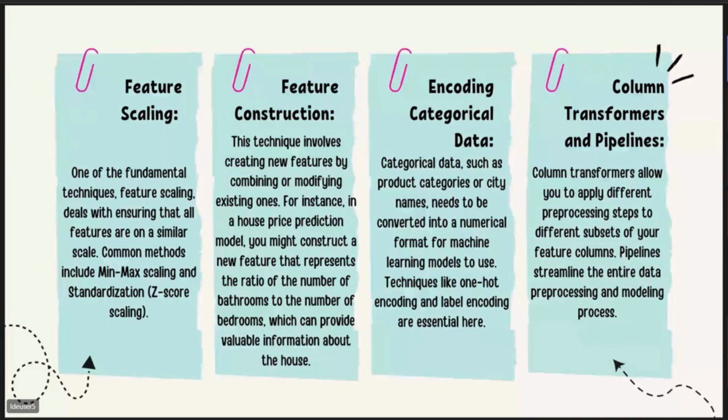Okay, and most of the models they will not be able to work with text or categorical data, so you need to give it a numerical value. So in that case, encoding is one task that you'll be doing. So again, here you can make use of one hot encoding or label encoding. Okay, so in the previous examples that I showed yesterday and day before, label encoding is what was used in most of the examples. And apart from that, you also have column transformers and pipelines.